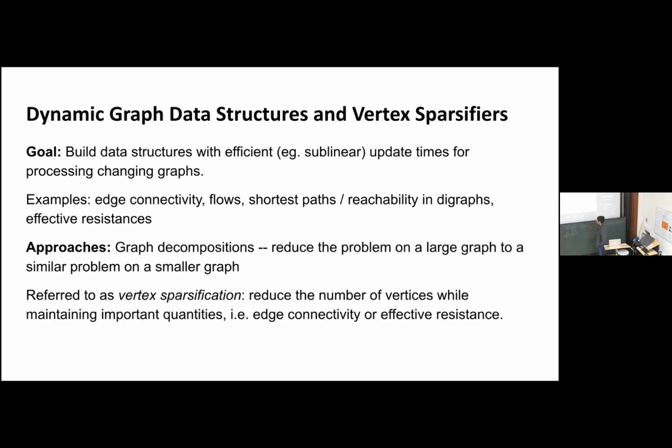The approach that's generally taken is some sort of graph decomposition. You want to reduce the problem on the large graph to some problem on a smaller graph. Another way to view this is vertex sparsification. For the case of effective resistances, you would want to reduce the number of vertices of the graph while preserving effective resistances or flows between the vertices that we end up caring about.